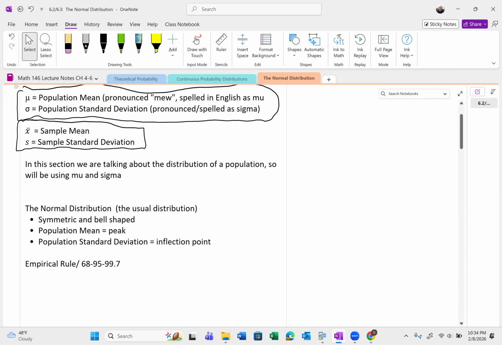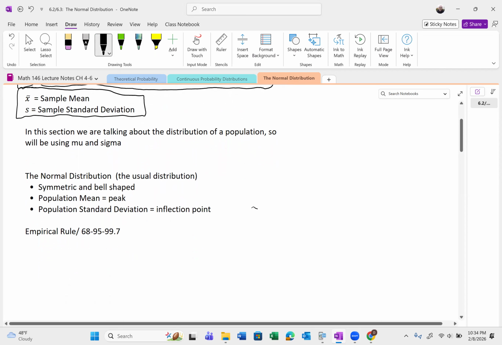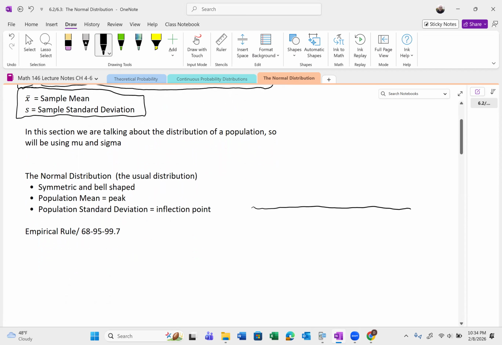All right, so besides the uniform distribution, the other distribution that we use a lot is the normal distribution. And by normal distribution, that really means the usual distribution. It turns out that when we start looking at graphs of distributions of things that occurred in nature, we'd have this distribution that would show up over and over and over again.